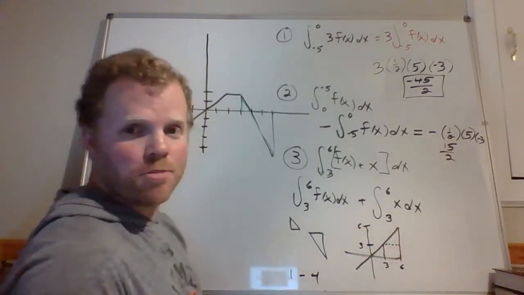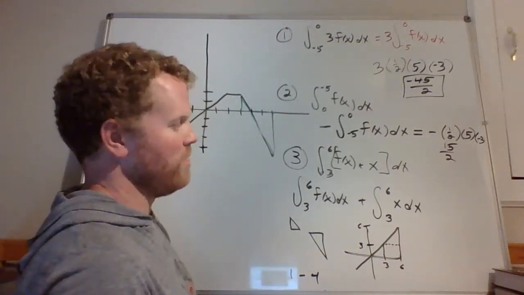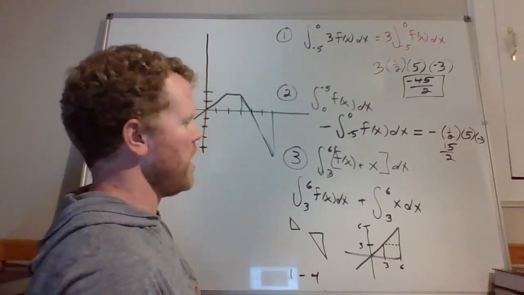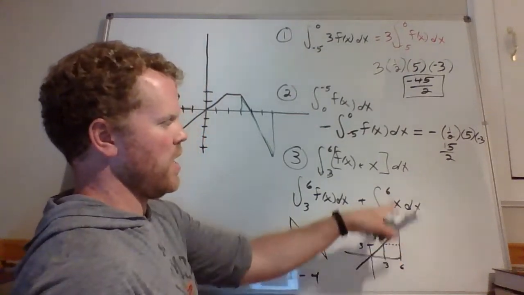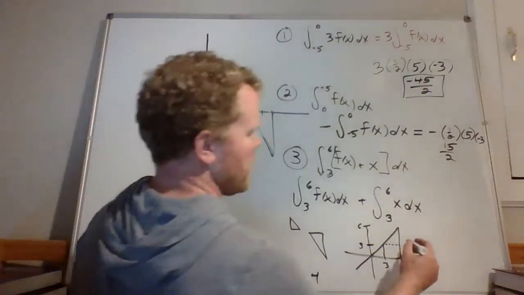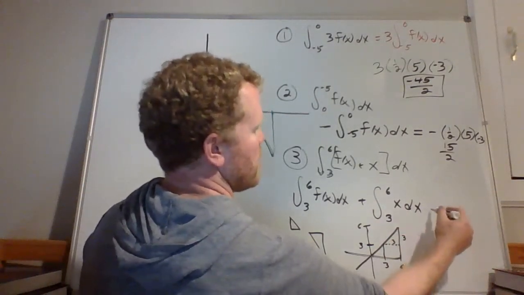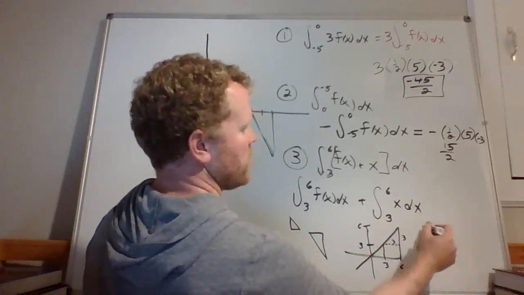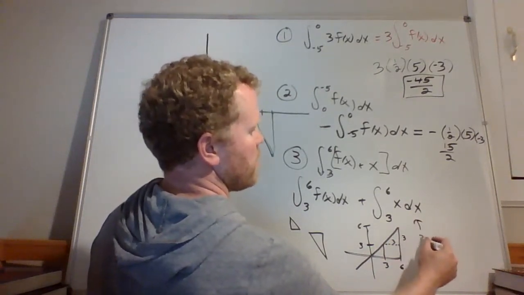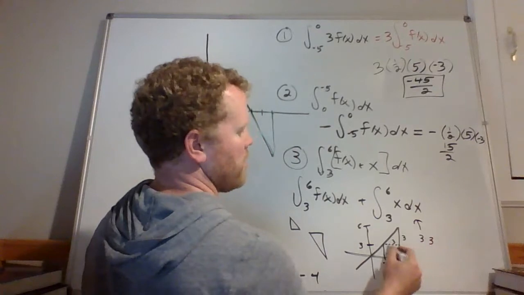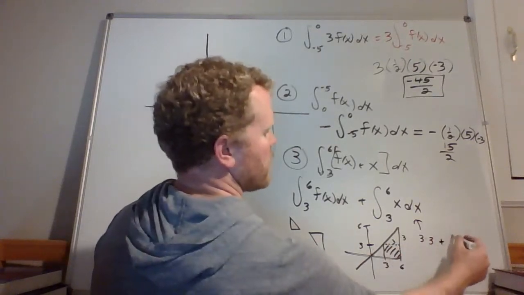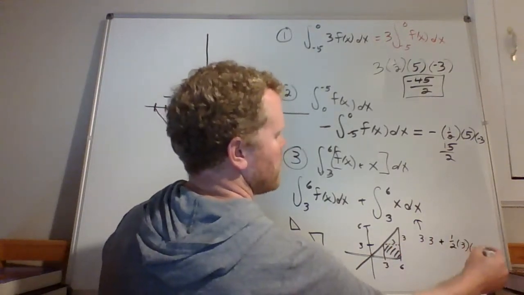I would probably just split it up into a square and a triangle. So this should be 3, 3. That second little integral should just be 3 times 3 for the square part, plus half of 3 times 3.